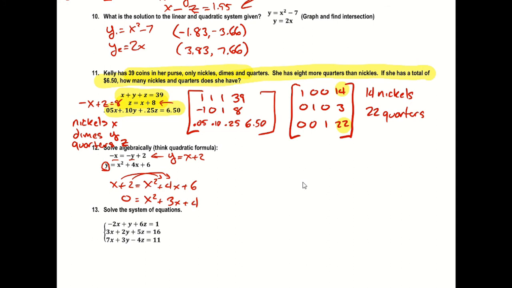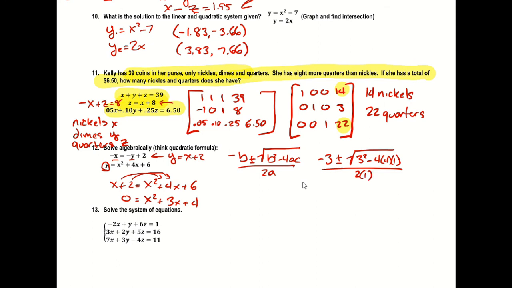Now, quadratic formula, negative b plus or minus the square root b squared minus 4ac, all of that over 2a. So I'm going to take my a, b, and c values from here, and I have negative 3 plus or minus the square root of 3 squared minus 4 times 4 times 1, all of that over 2 times 1.